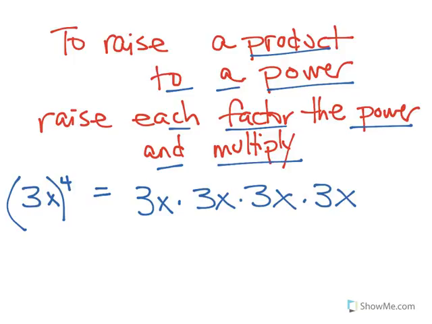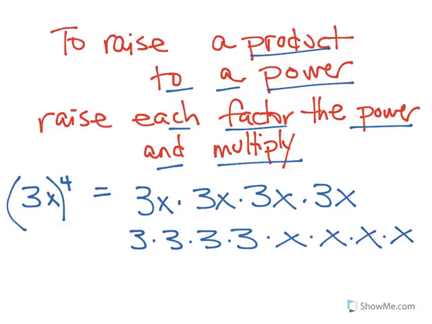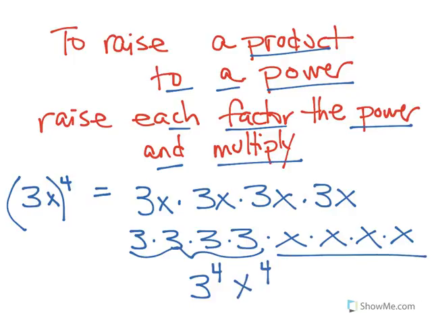We can use the commutative property: 3 times 3 times 3 times 3 times x times x times x times x. So that becomes 3 to the fourth times x to the fourth, which is 81x to the fourth.